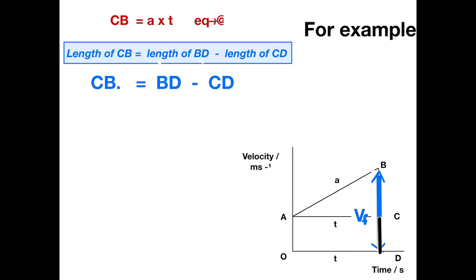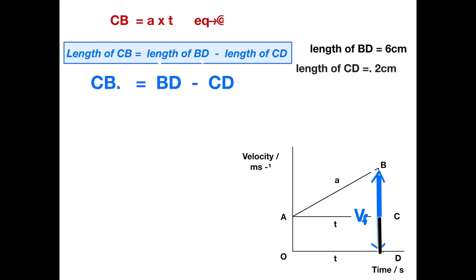For example, the total length of the line BD is 6 centimeter. If you extract the portion of CD, for example, that is 2 centimeter, then the remaining length will be left as 4 centimeter. So here we are saying that the total line BD, we are going to break it as CB equals BD minus CD.